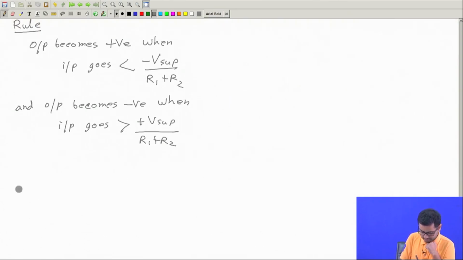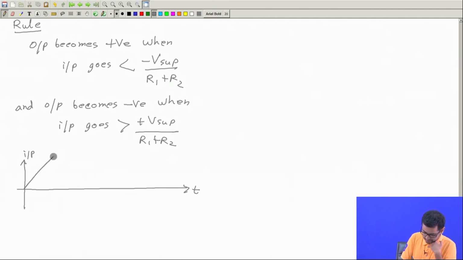So, let me draw some diagram, time versus say input. Say the input is changing like this, maybe a triangular wave. You can also use sine wave, and say this height represents the value of this V supply.